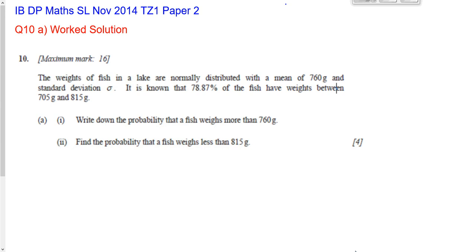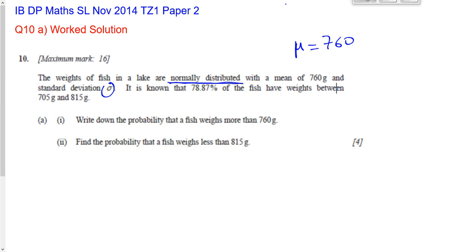And first of all, the question states that we're talking about a normal distribution. This is a really important bit of information, that the fish in this lake are normally distributed. So the weights of fish in a lake are normally distributed with a mean of 760, and a standard deviation of sigma.